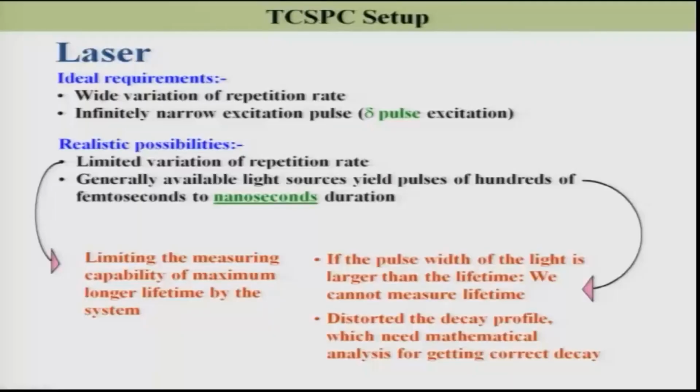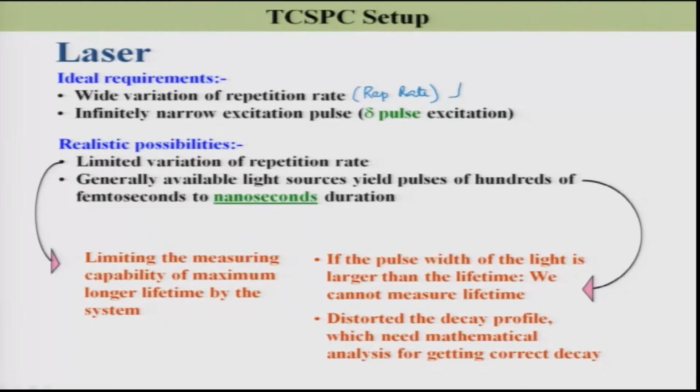For this TCSPC setup, what do we need? We need a wide variation of the repetition rate, sometimes also called the rep rate. That means the time delay between two successive pulses should be varied as per our desire.